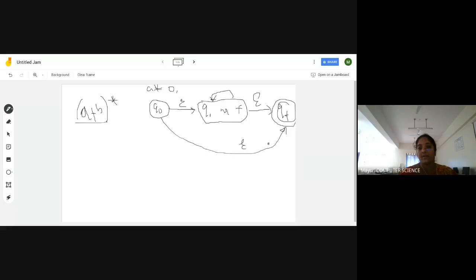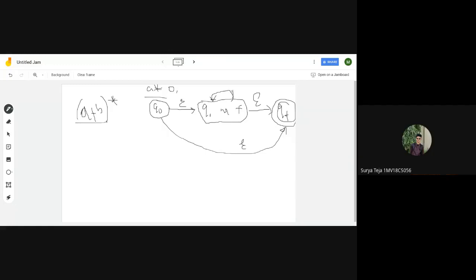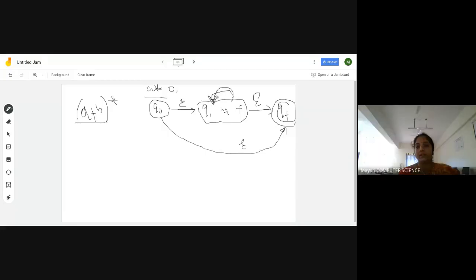That's why epsilon goes directly to the final state. So with 0 input, A star is accepted, it will go to the final state. Or else, this is the one that is going to accept A of length 1, 2, 3, 4, 5, 6. Clear with this? Clean closure structure? One is the self loop. One more is directly to the final state.